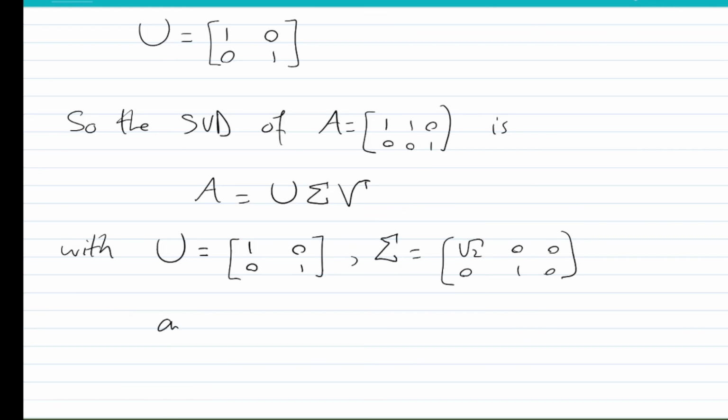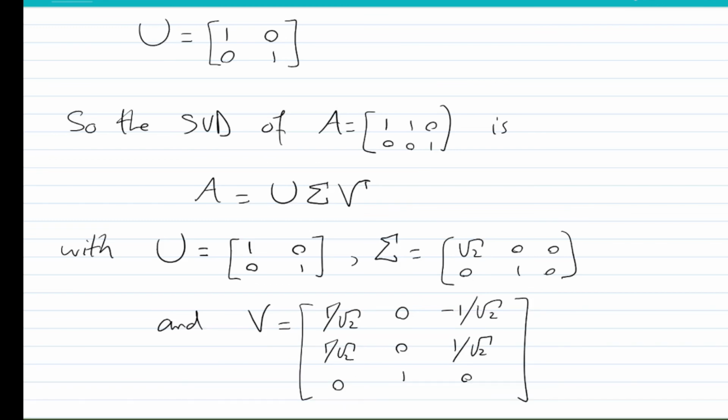And V, it doesn't matter whether you put V transpose or V. Let's just say V equal to 1 over square root 2, 1 over square root 2, 0; 0, 0, 1; minus 1 over square root 2, 1 over square root 2, 0. And that is it.